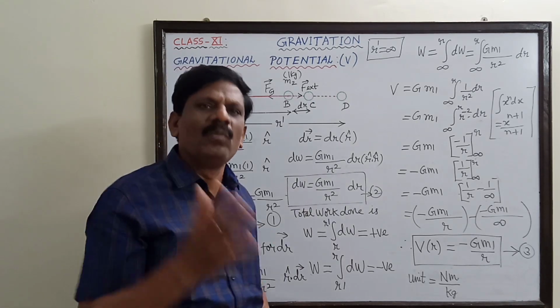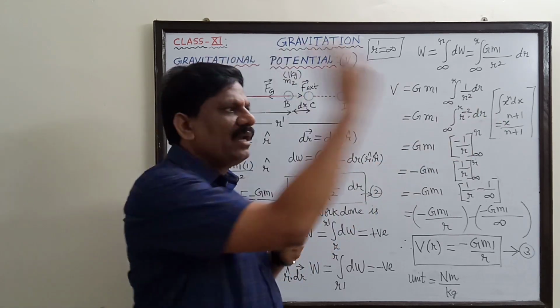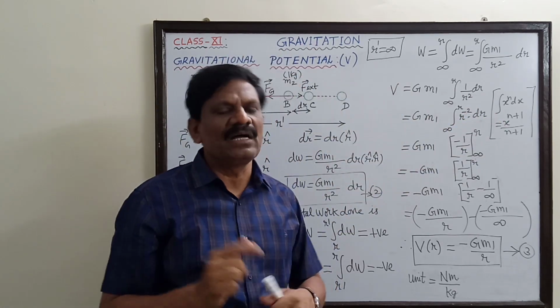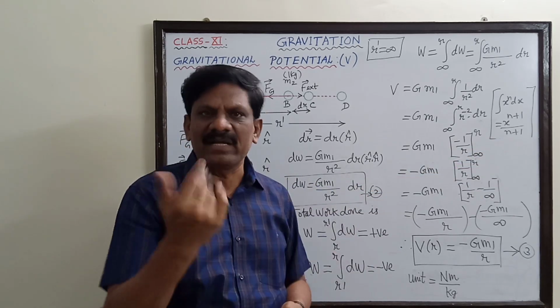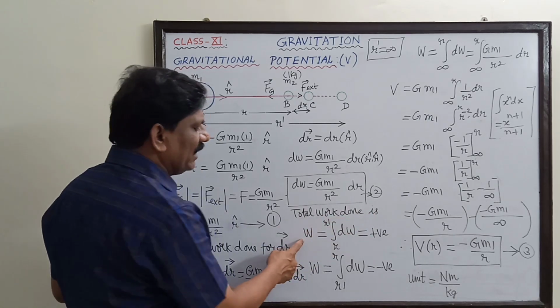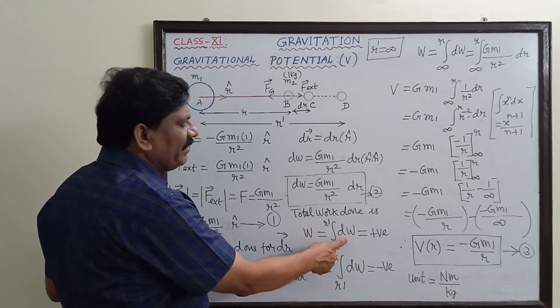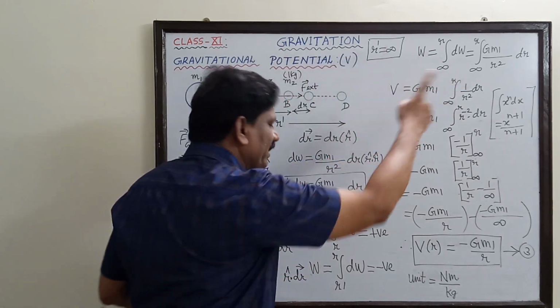Like this, total work is done either from the distance r to infinity or infinity to the distance r. Now, instead of infinity, you can call that the distance as r dash also. That is in the general expression we have taken. The total work done is W is equal to integral of dW from r to r dash, means from the point to infinity.